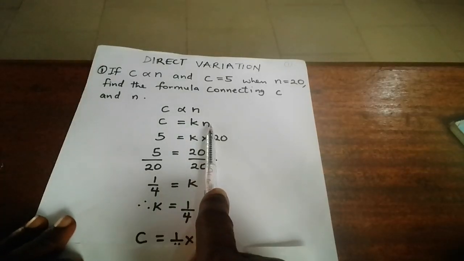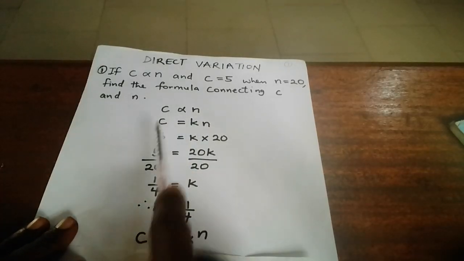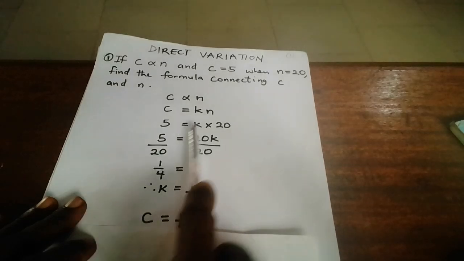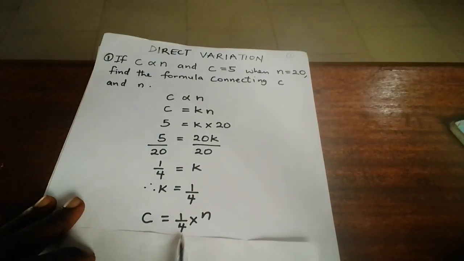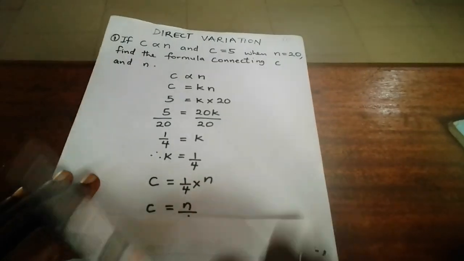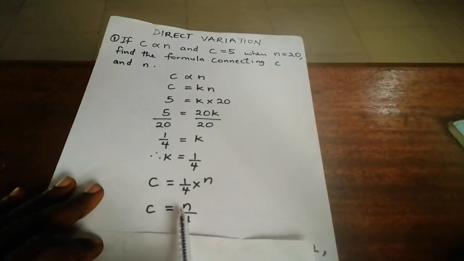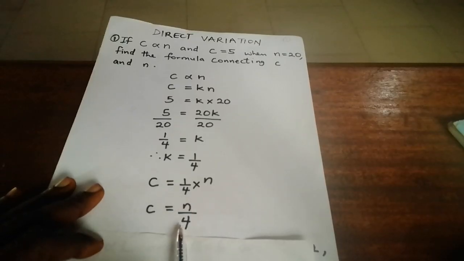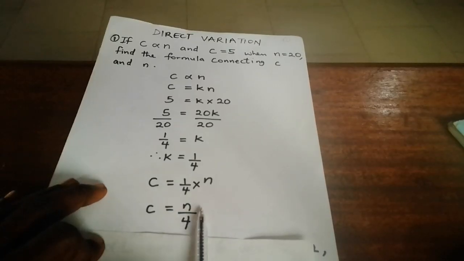So the formula is C equals 1 over 4 times n. 1 times n is n over 4. So the formula connecting C and n is C equals n over 4.